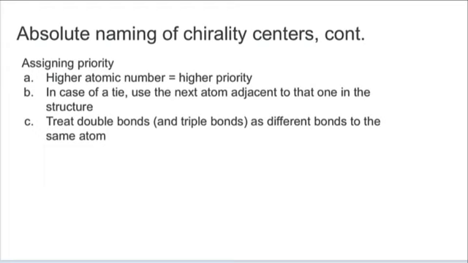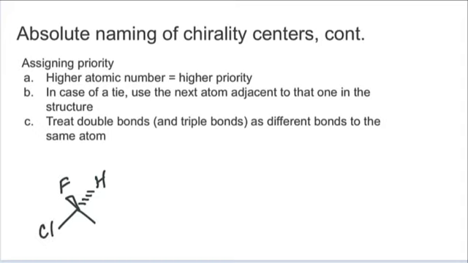And so we're going to have to practice assigning priority to the groups or groups of atoms that are around the stereocenter. So let's use a molecule that we've seen before while looking at these chiral compounds.